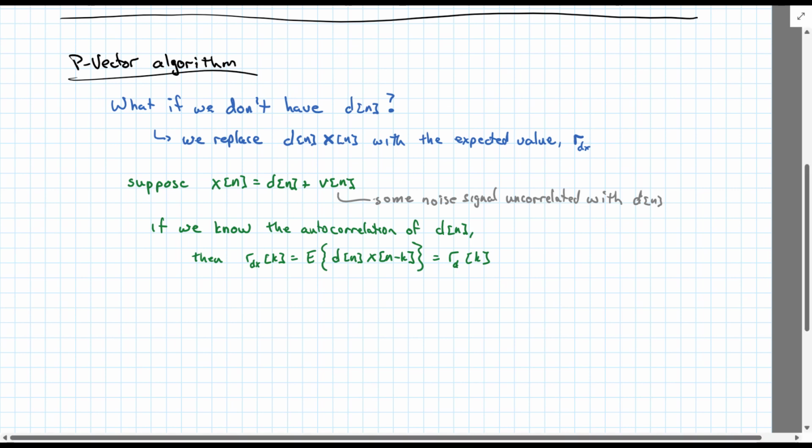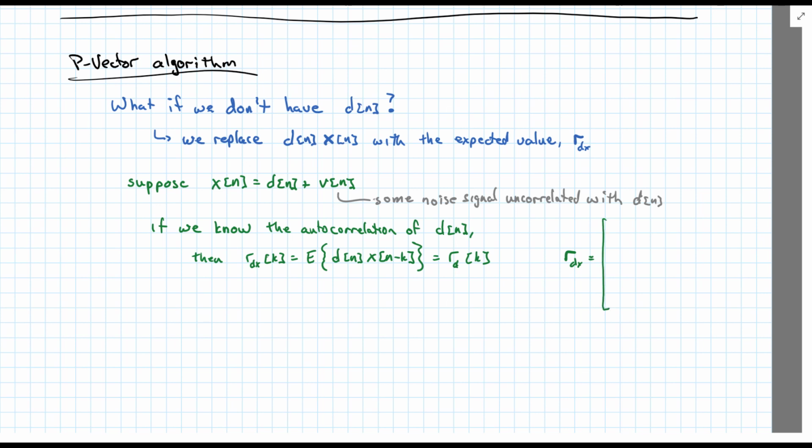We can use this to form a vector, r_dx, which is now just containing r_d(0), r_d(1), and so on.